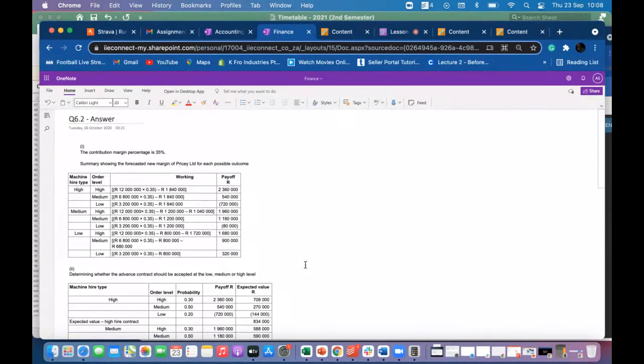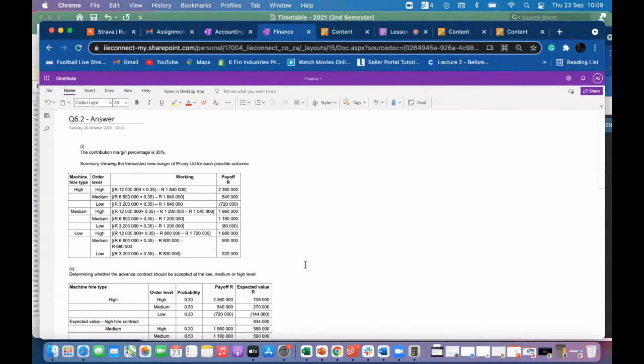Explain how the risk preferences of management who are responsible for the choice of machinery hire contract may alter the decision reached in part 2 above.